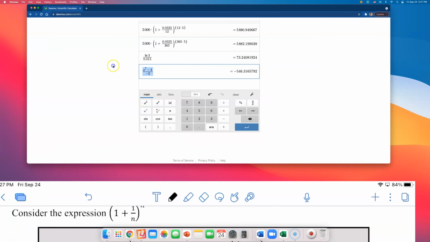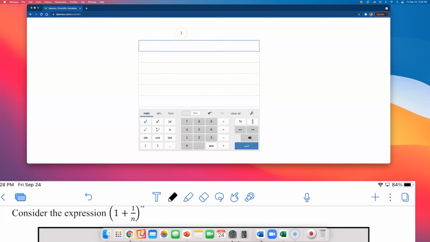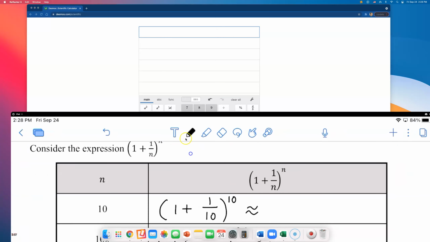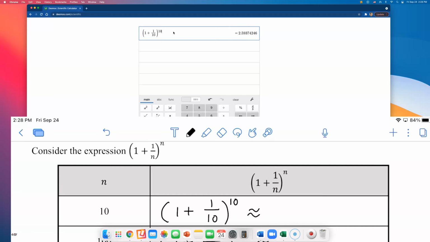Let me get rid of some of these lines. The first line is 1 plus 1 over 10, raised to the 10th power. That number is 2.59374246.